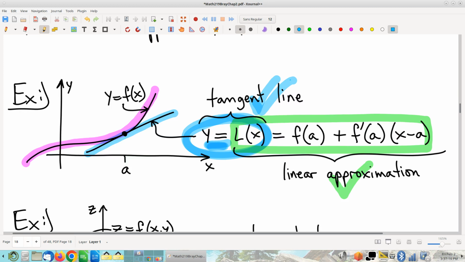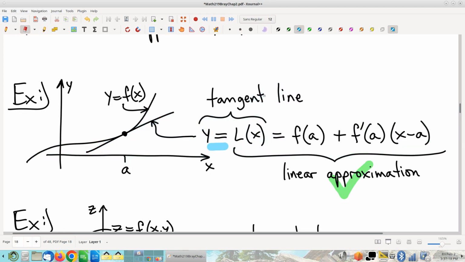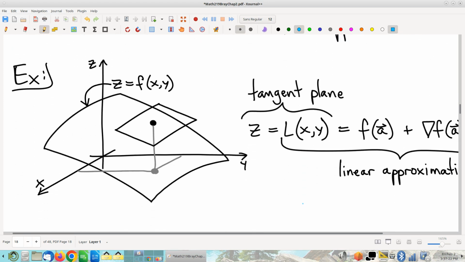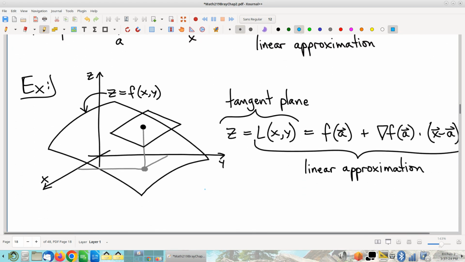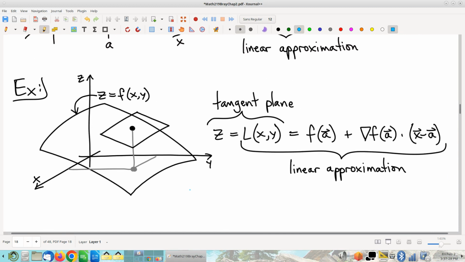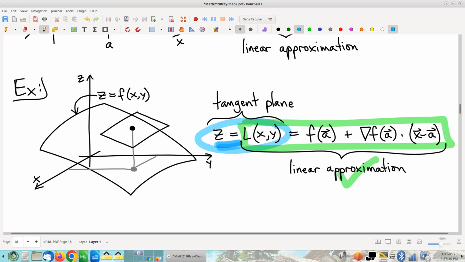All right, now with that recalled, let's make the analogous extension to a multivariable version. I guess I have to zoom out. There we go. So again, linear approximation. Function, algebraic object. But we can talk about the graph of that linear approximation, and that graph I'm going to call the tangent plane.